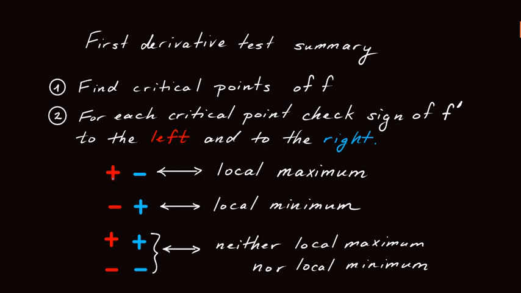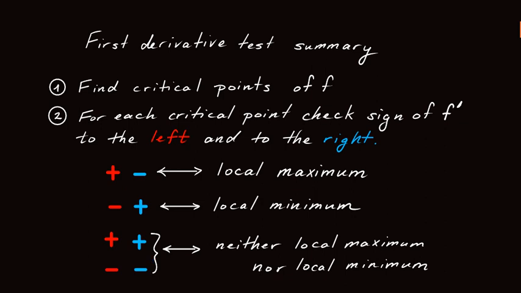If it's plus followed by minus, then it's a local maximum. If on the left it's negative and on the right it's positive, then it's a local minimum. And if you have plus plus or minus minus, it's neither. In this case, the function's always increasing. In this case, the function's always decreasing, so you don't have a max or a min.